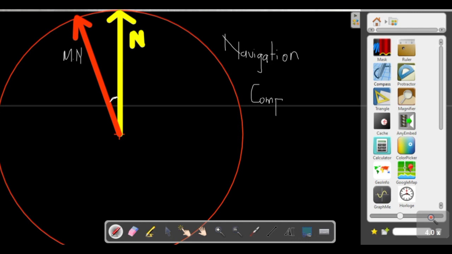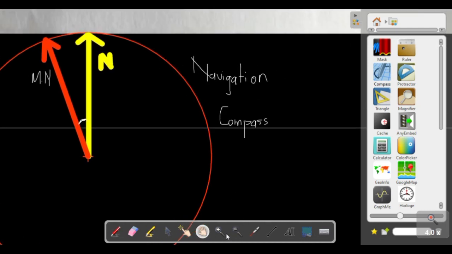Remember, we are geographers, guys. Navigation is part of geography. We created maps. This is navigation. So we have to look at how much this magnetic north has shifted from the true north, so that we can correct our compasses and go in the right direction wherever we are going.